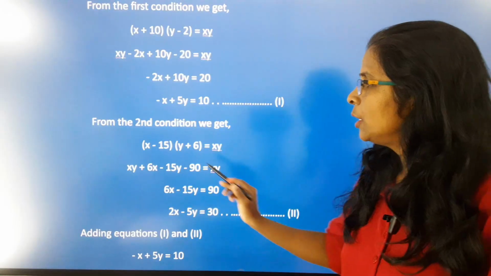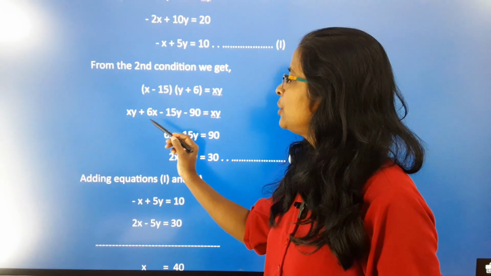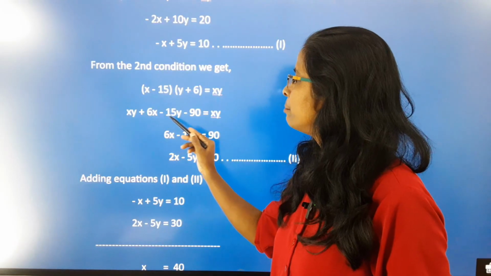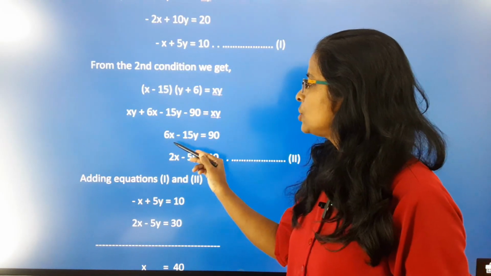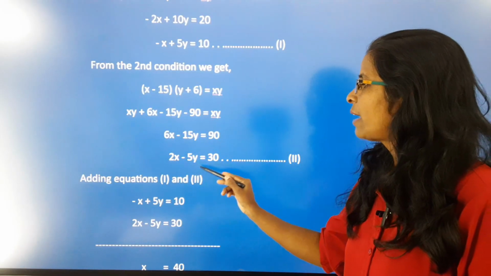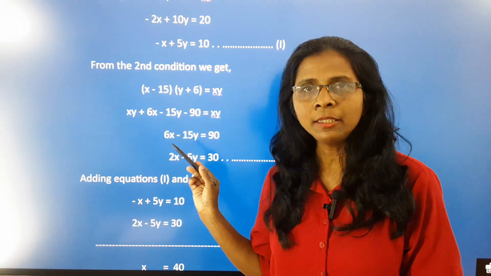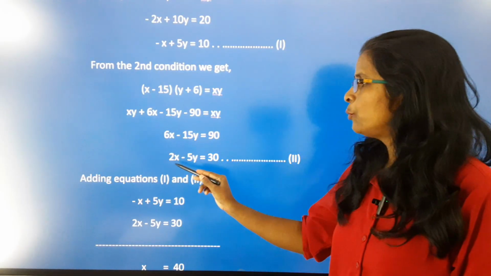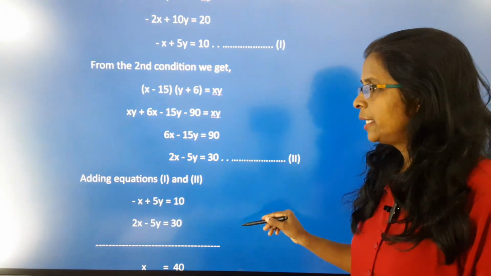Now simplify this equation. xy plus 6x minus 15y minus 90 is equal to xy. So 6x minus 15y is equal to 90. Dividing both sides by 3, we have 2x minus 5y is equal to 30, and call it the second equation.